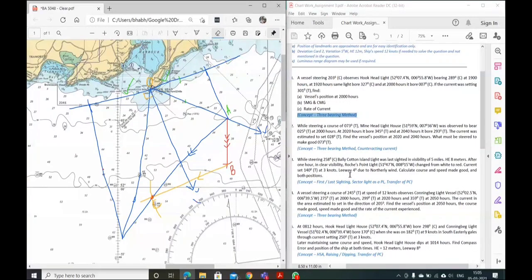Okay. So let's move to question number 2 now. Number 2 says, while steering a course of 073, Minehead Lighthouse was observed to bear 025 at 2000 hours. Let's go to Minehead.